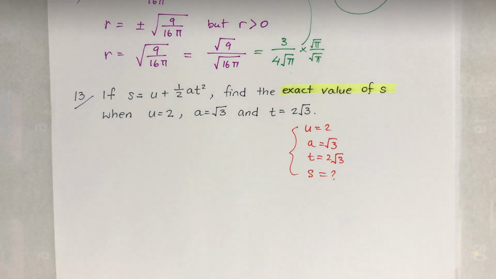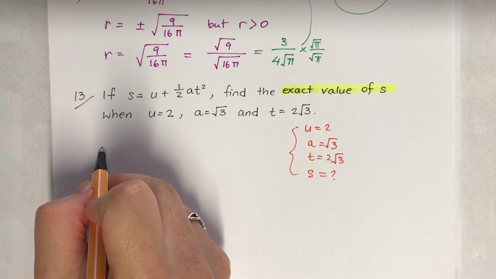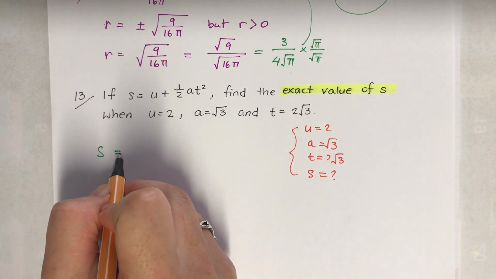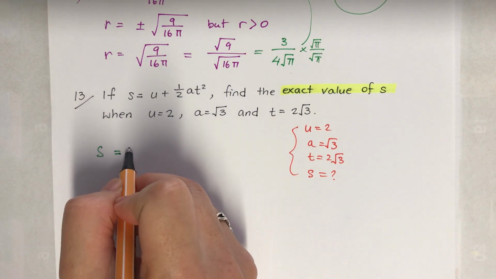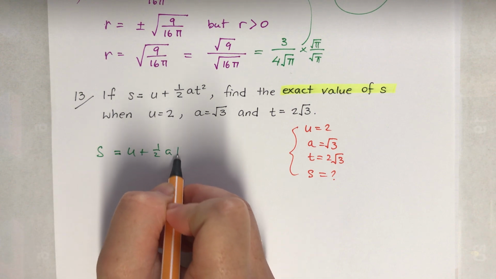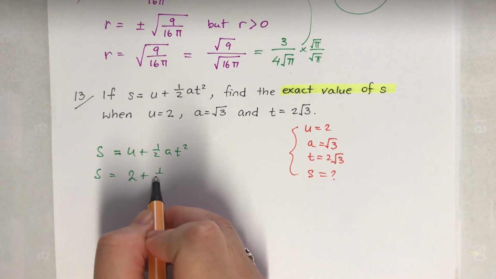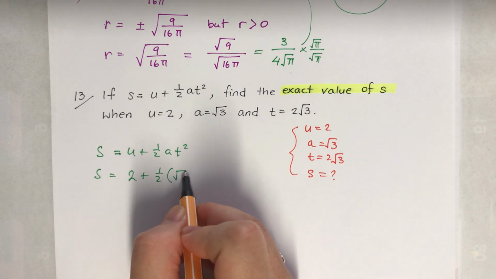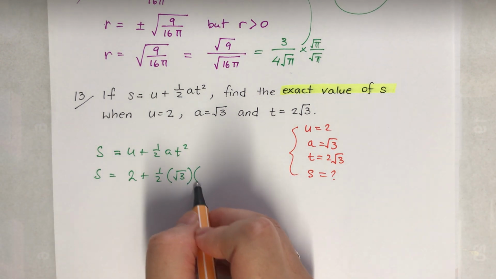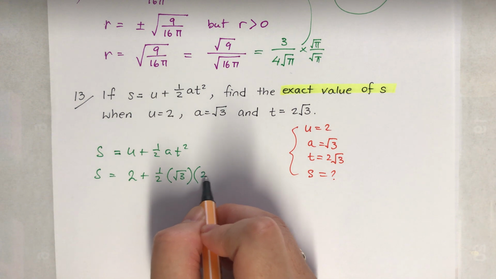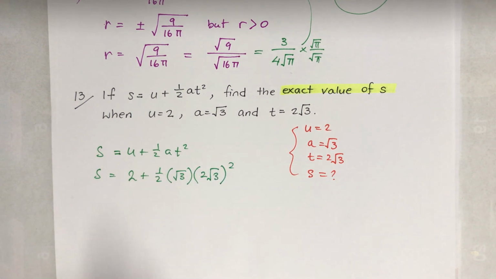Okay, so let's start, and I'm going to go S equals u plus half a t squared, and that means u is 2 plus half a is root 3. Put it in the brackets, it looks a bit neater, easy to see, and squared.